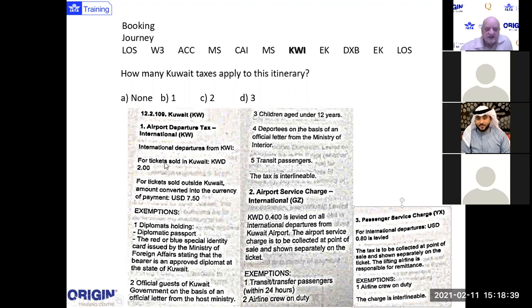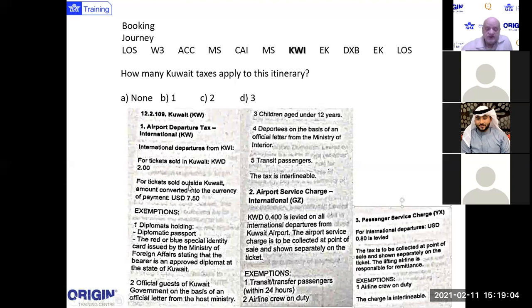Right, for tickets sold in Kuwait, where does this journey start? Lagos, Nigeria. So that's not Kuwait. Let's keep reading.